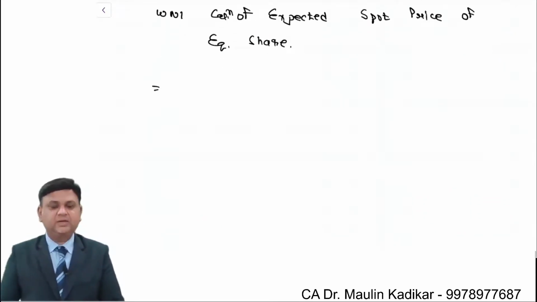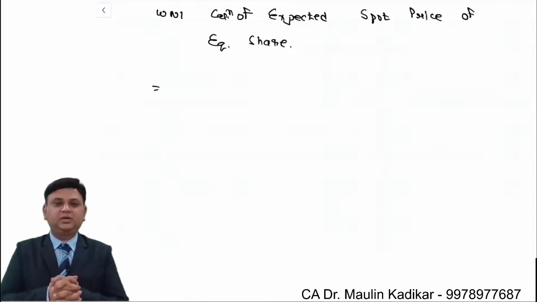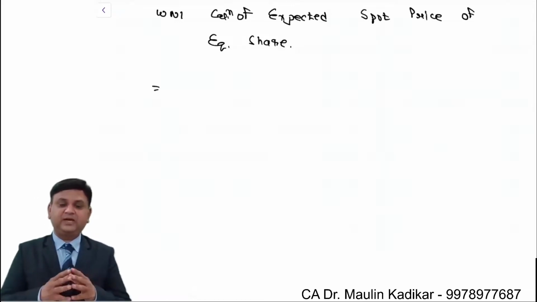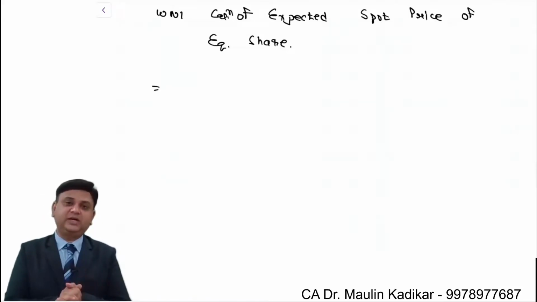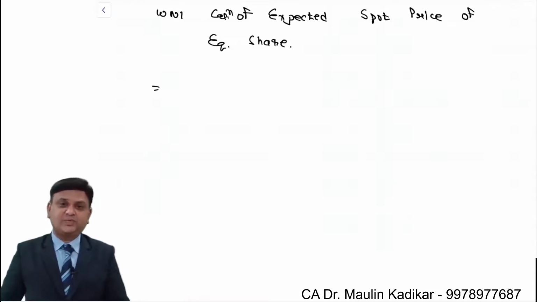Now friends, the concept is like this. The price of the equity share may increase, or it may fall down, so the price of the security may change in either direction. However, the theory we have is that the spot price of the security will give at least a return equal to the RF. So what will be the expected spot price?